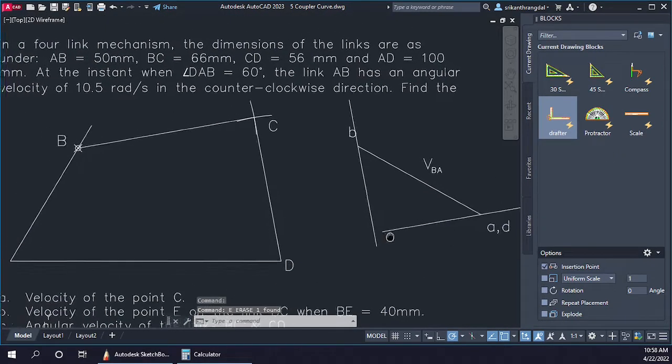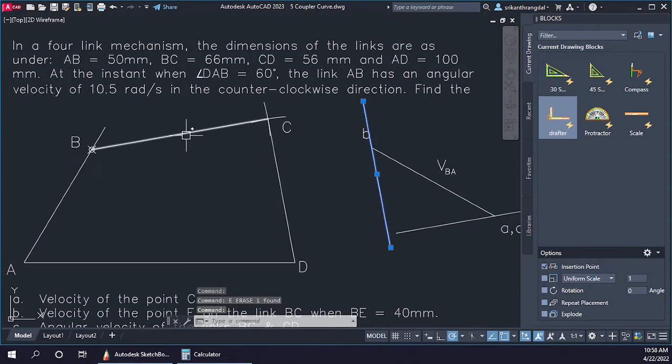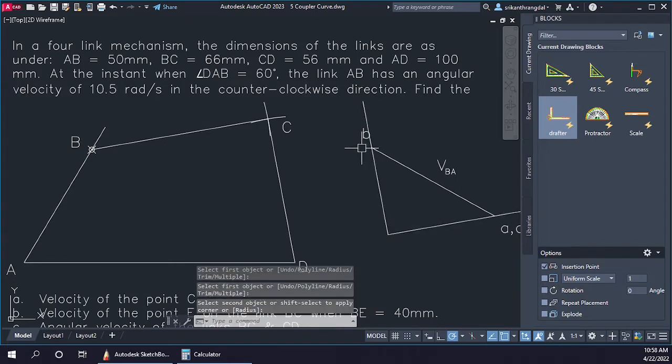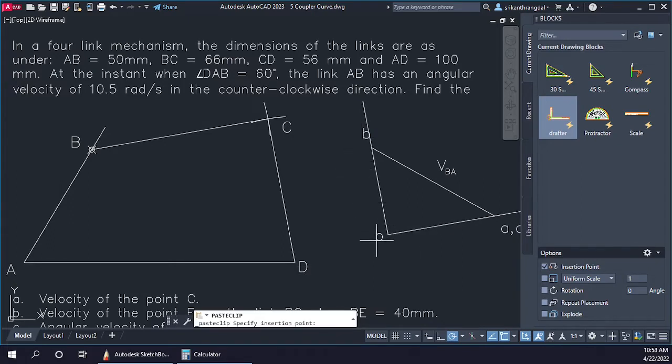Fine. So now that we have drawn the line perpendicular to BC and perpendicular to CD, we will get an intersection point of these two, and this intersection point is our third point, that is C.